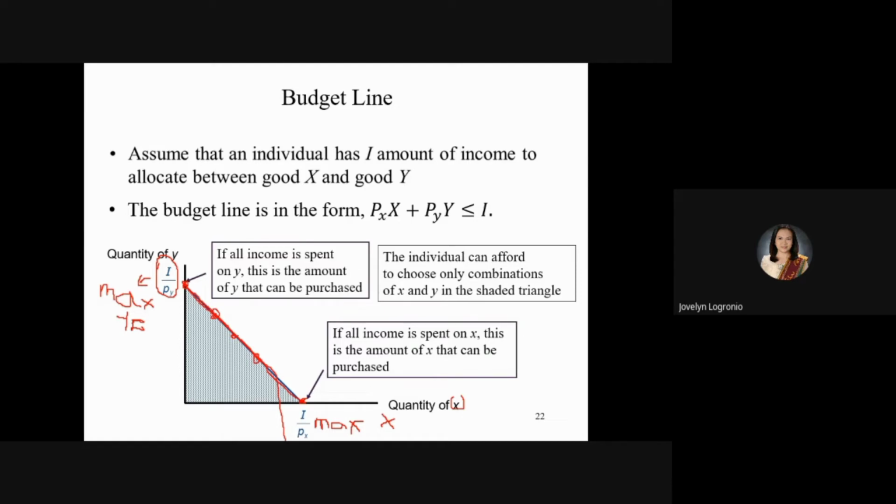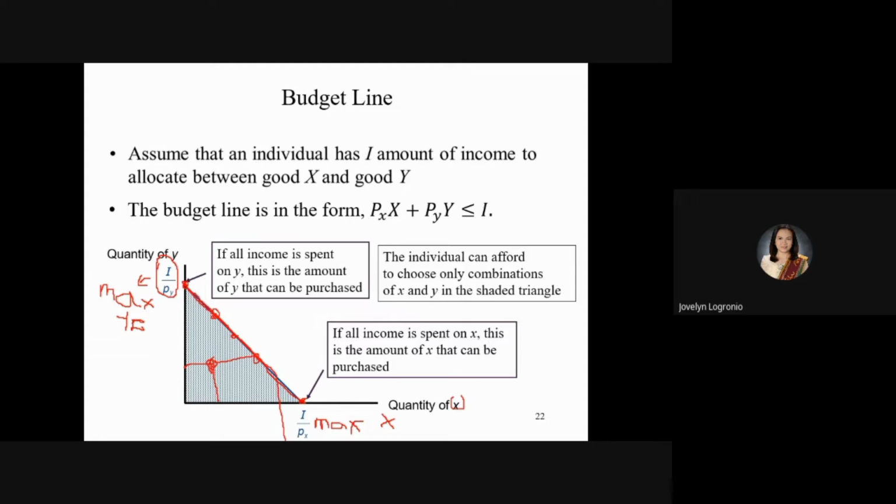But if the consumer will purchase only a little of Y and X, halimbawa dito, ito yung combination of X and Y, so the combination is up to here, the quantities of X and Y are smaller or lesser compared to when he fully utilizes his income.